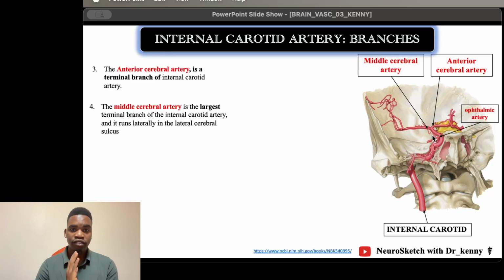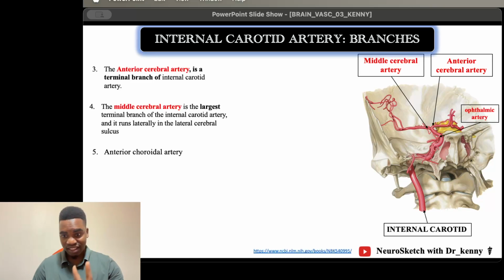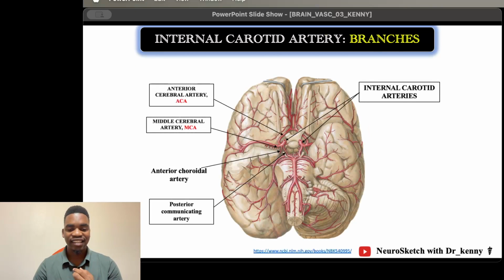But before it gives these 2 terminal branches, before it terminates, it also gives one branch which is known as the anterior choroidal artery. It's not seen from this picture, but I will show you shortly what it is. So those are the 2 terminal branches of the internal carotid artery, the middle cerebral artery and the anterior cerebral artery.